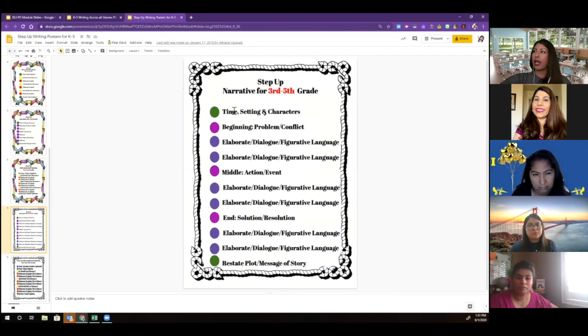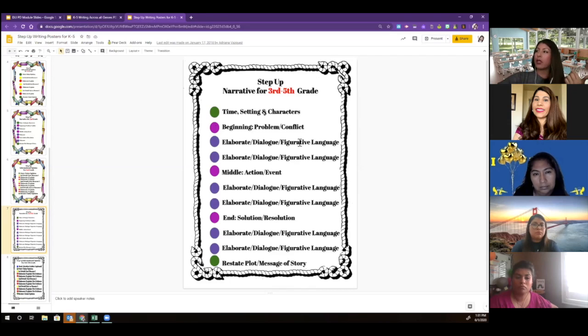So they're going to have a total of, and this is just for 1 paragraph, this is not for an essay, this is just for 1 paragraph. They would have the topic sentence, which is in green right here, to include these components. And then the light purple is to introduce the problem of the story if we're talking about a narrative.